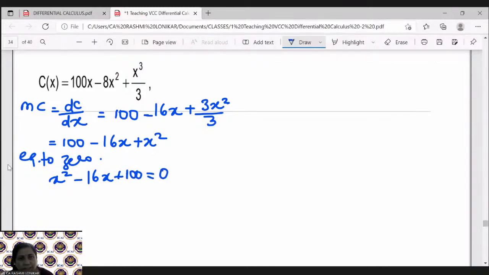So what are the factors? 100 is 100 into 1, or 50 into 2, then 25 into 4, or 20 into 5. 25 and 4, I will not get 16.